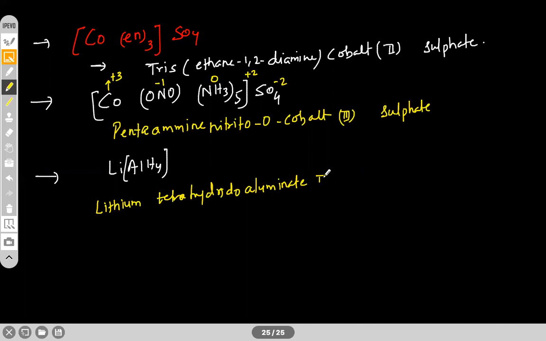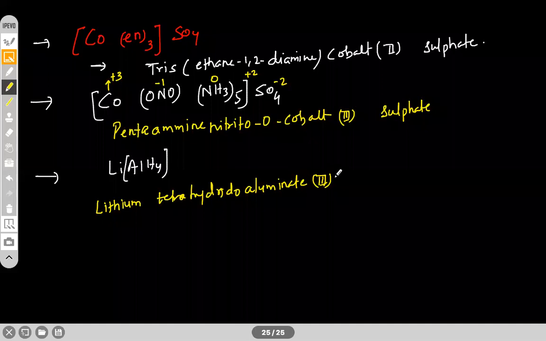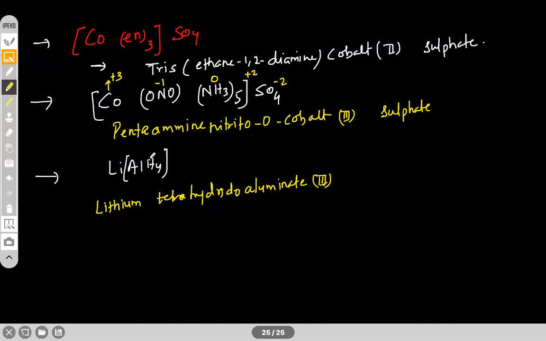This is 3. We have Li plus and AlH4 minus. It is a negative ion. Right? So like this, we'll write down the name.